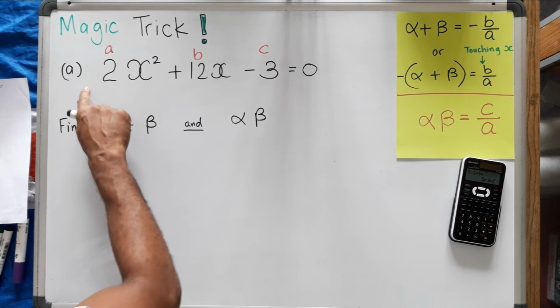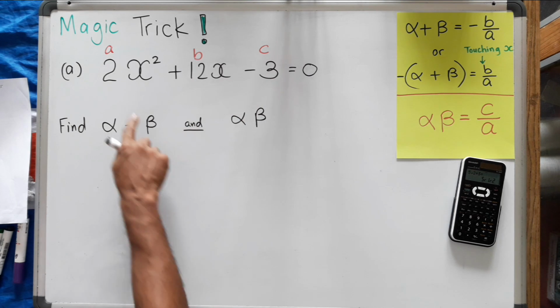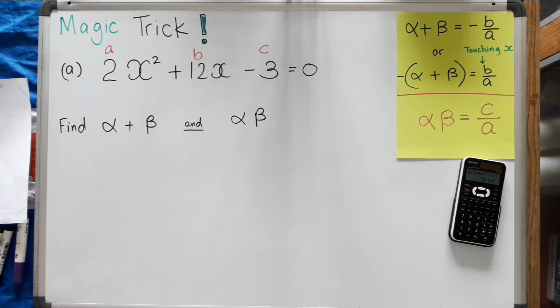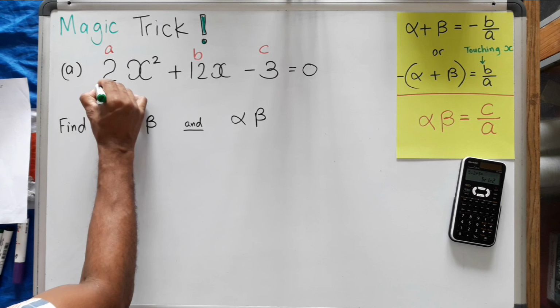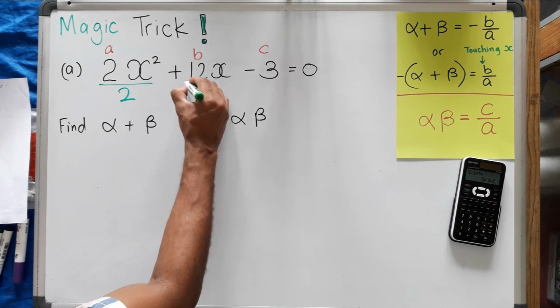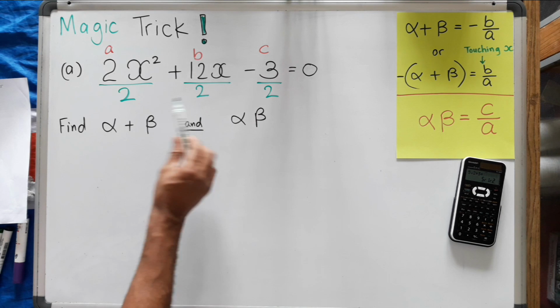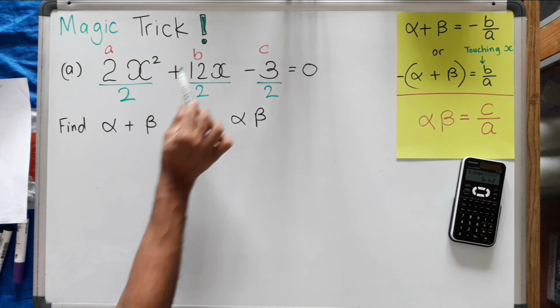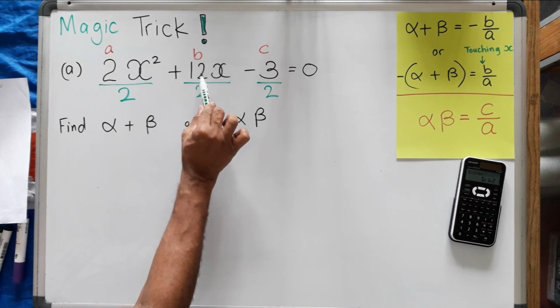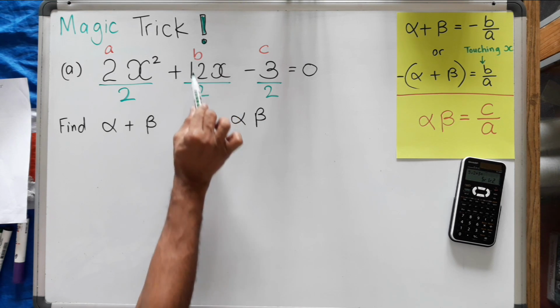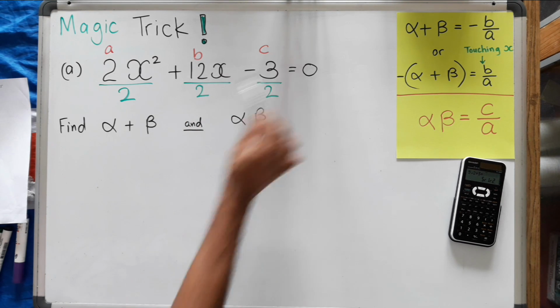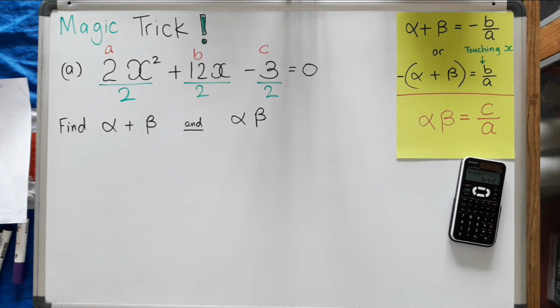We will need to divide every term here by 2 to get rid of this 2. So let me do that. Divide by 2, divide by 2, divide by 2. Remember, a is 2, so we're already dividing 12 by 2, which is already b divided by a. And over here, we're already dividing c by a.